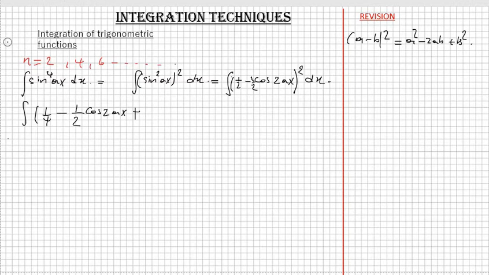So b square represents half times cos 2ax, all squared. So I'm gonna have 1 over 4 cos square 2ax, and then I have dx.